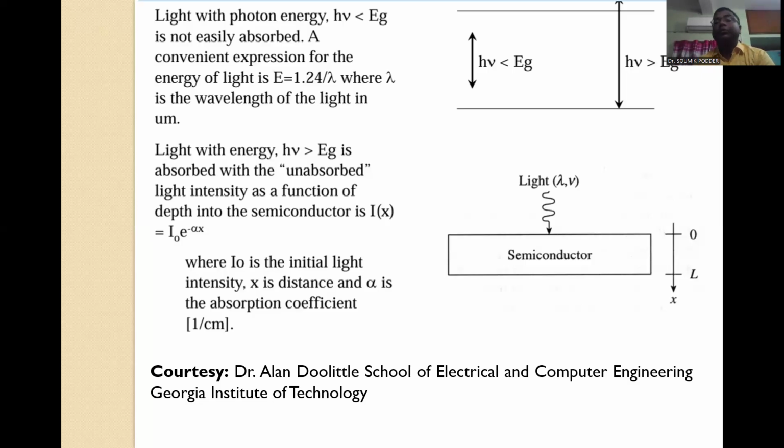after the manipulation of the relation E equals hc by lambda, that is, E equals h nu. h equals, as all of you know, 6.626 × 10⁻³⁴ joule second, and nu equals c by lambda, where c equals 3 × 10⁸ meters per second.